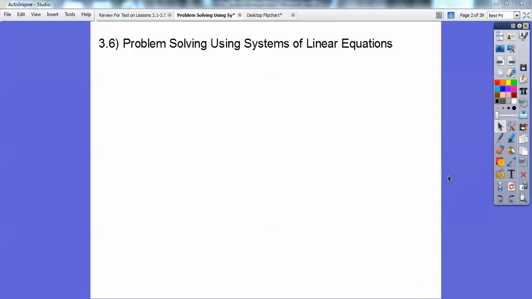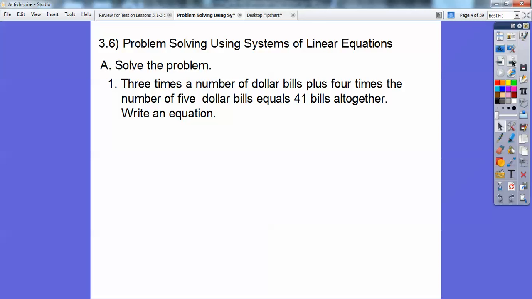Okay, so here's some problem solving stuff here, you guys. Let's try and solve this set of problems. So 3 times the number of dollar bills plus 4 times the number of $5 bills equals 41 bills altogether. Write an equation. I'm going to just do D for dollars and F for $5.